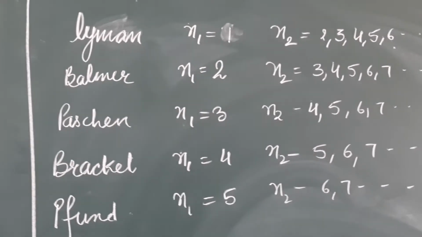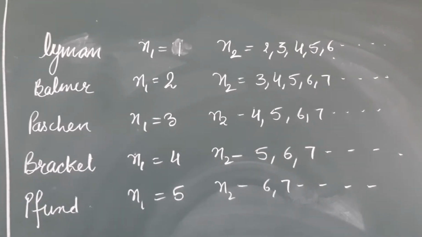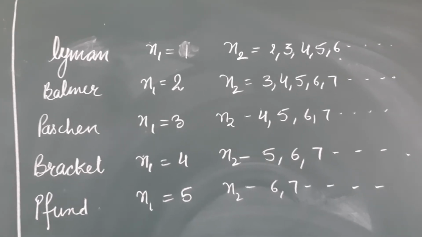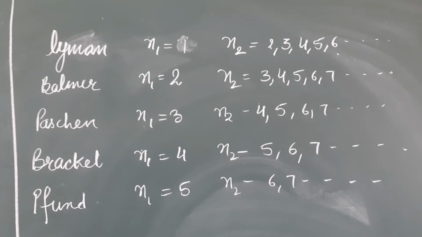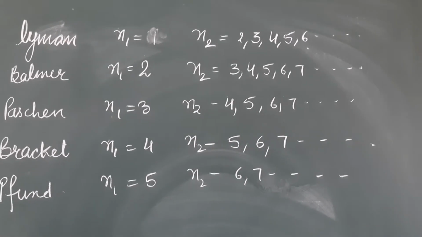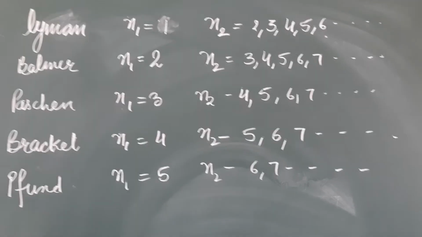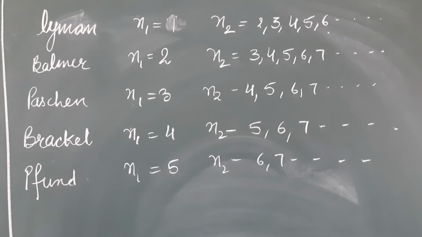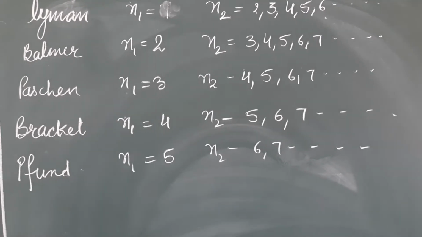So for the Lyman series, N1 value is 1, N2 value may be any next higher value. For the Balmer series, N1 value is 2 and N2 value is 3, 4, 5, 6 and more. For the Paschen series, N1 value is 3, N2 value may be 4, 5, 6 and more.